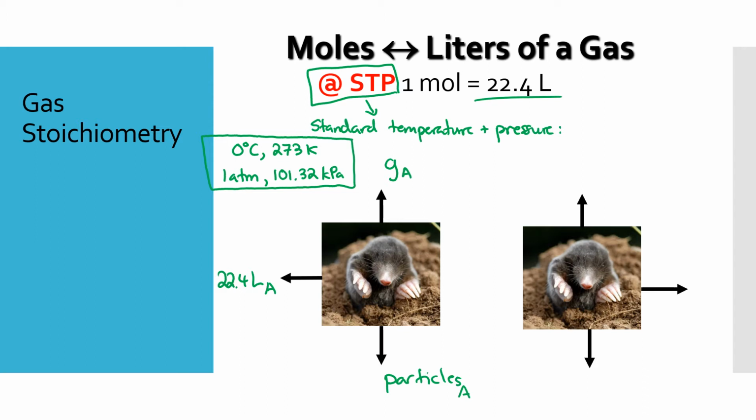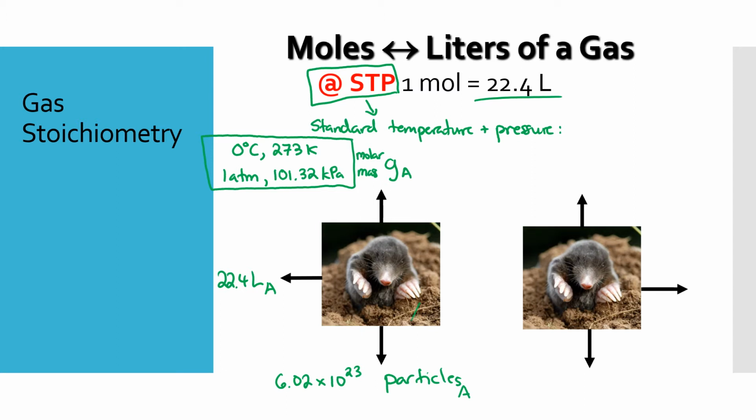Let's review the mole chart. I can find my grams value by looking on the periodic table, and that's called the molar mass. Particles, again, represents Avogadro's number, which is 6.02 times 10 to the 23rd.